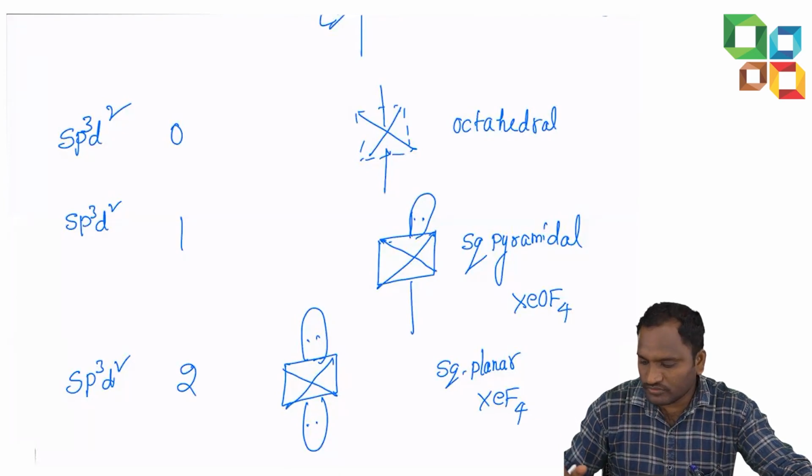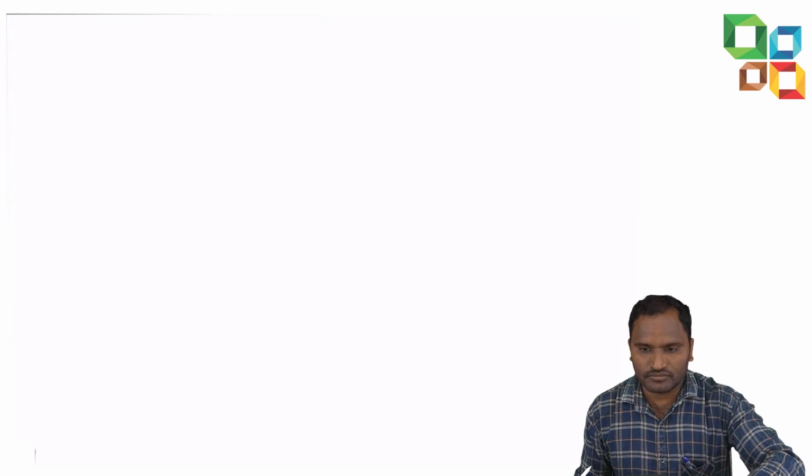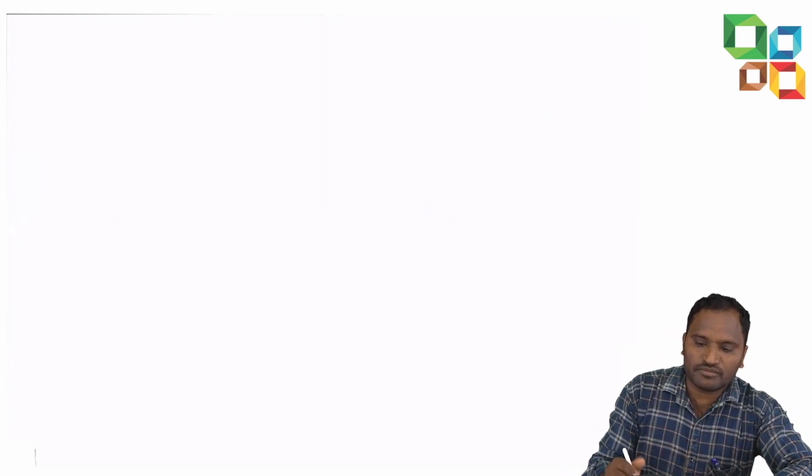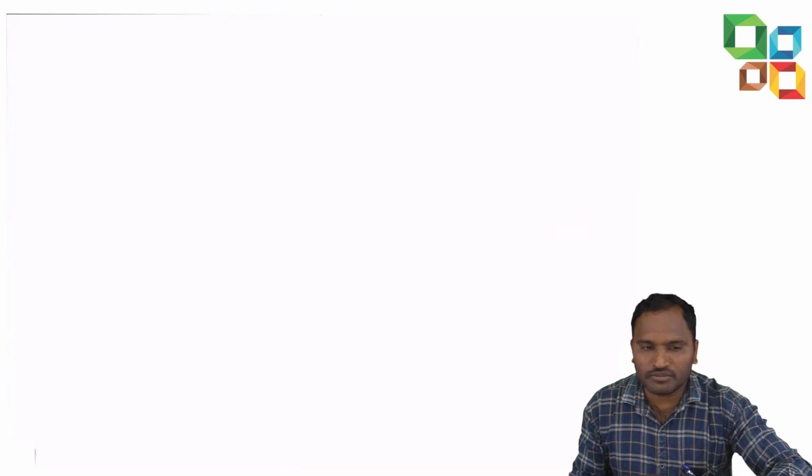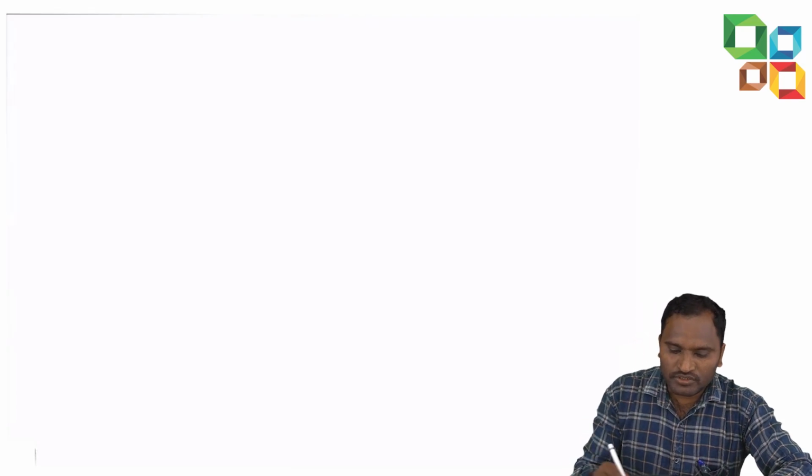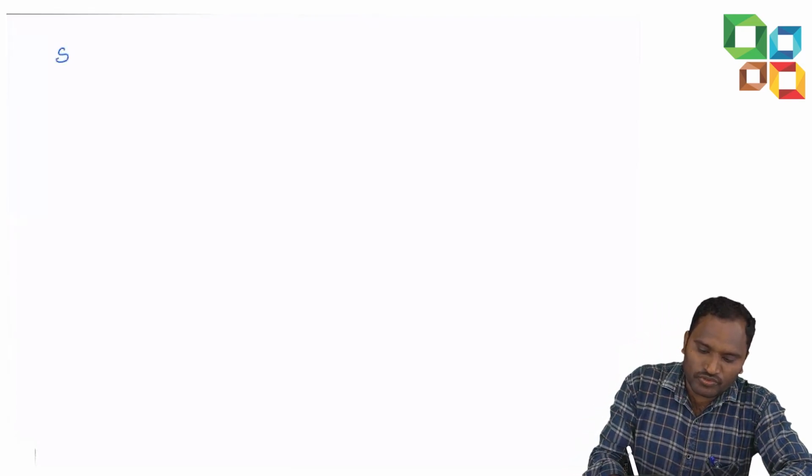Now we'll do some molecules. SO4 2 minus is given. What is the shape if they ask me? So many compounds are there. Each and every molecule shape you can't remember. By using this technique, you can find it out. See here, SO4 2 minus.